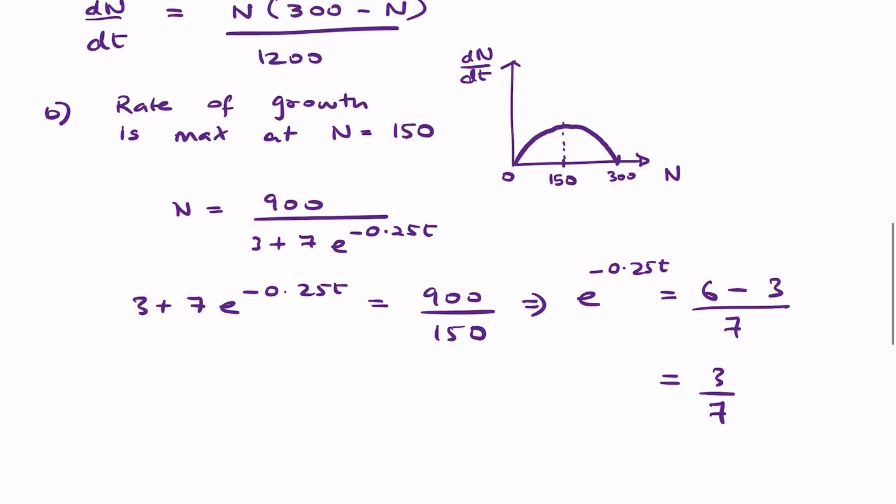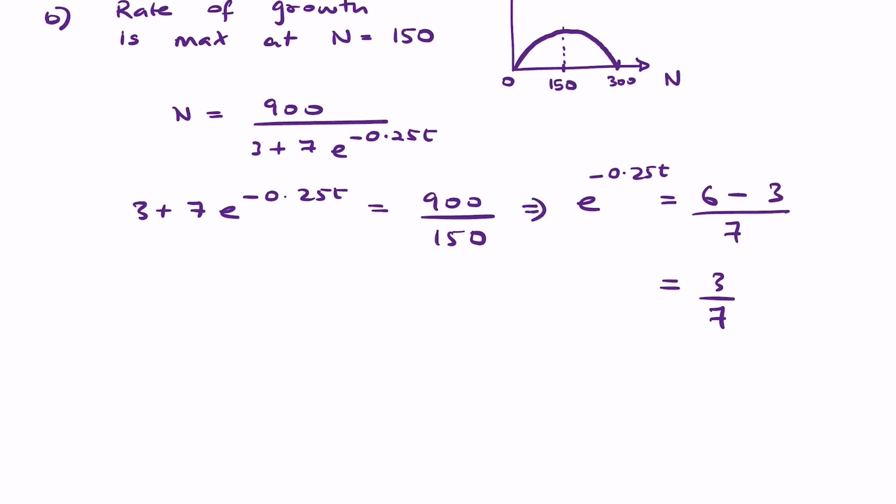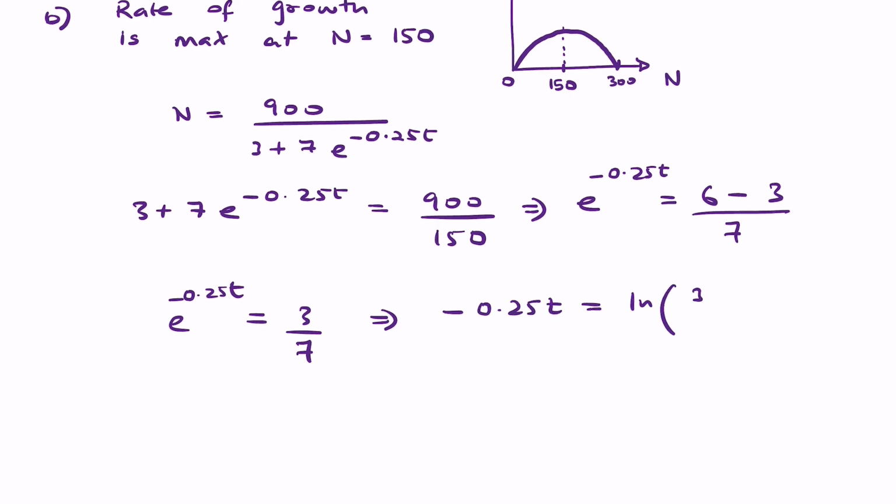So now what I have is, if I take ln of both sides, that will be minus 0.25t equals ln of 6 over 7. And ln of 6 over 7 turns out to be minus 0.847 something.